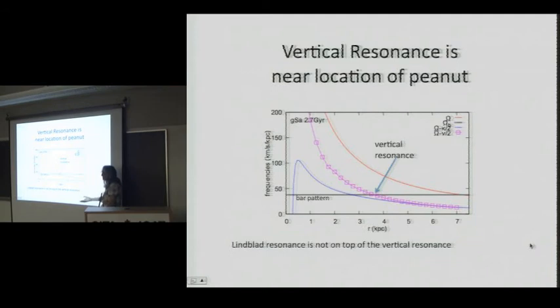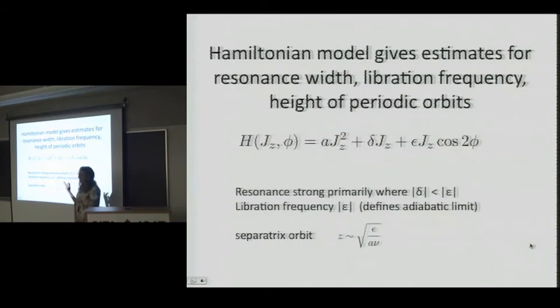And for these simulations, the bar is moving outwards, so this crossing moves out. And it's convenient to look for the Lindblad resonance with the cyclic frequency. The Lindblad resonance was inside. And that's actually nice because then you can separate out the radial degree of freedom from the vertical degree of freedom. If the two resonances were on top of each other, it would be a lot harder to do that.